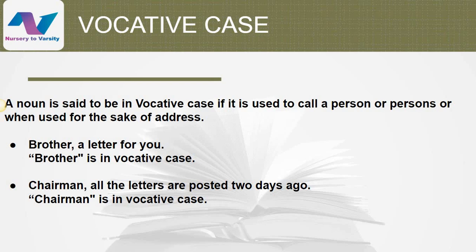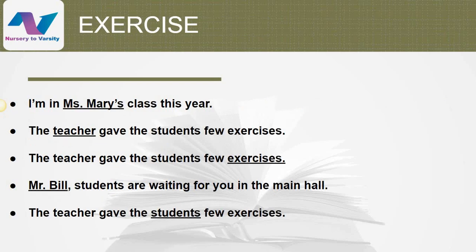As we have completed all the types of cases, now it's time for an exercise. Here are a few sentences, and I have underlined the exact word which I want you to identify, and which type of case it is indicating. You can continue this with me in the comment box below.